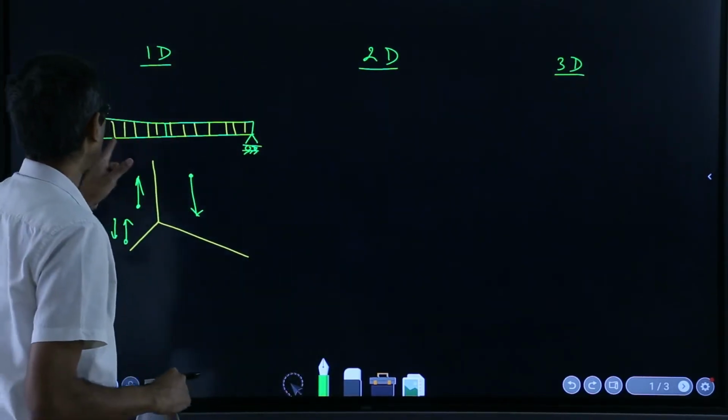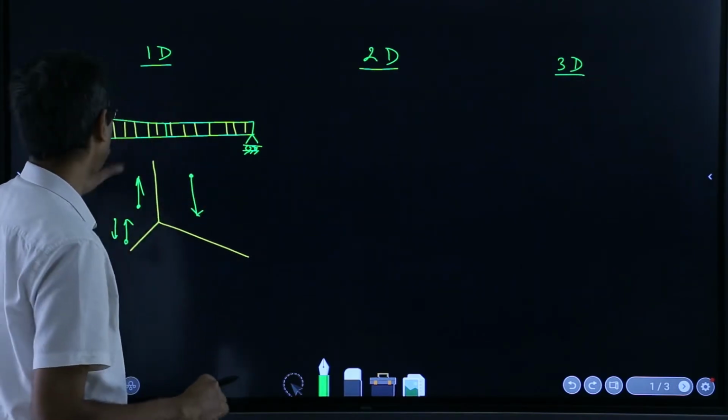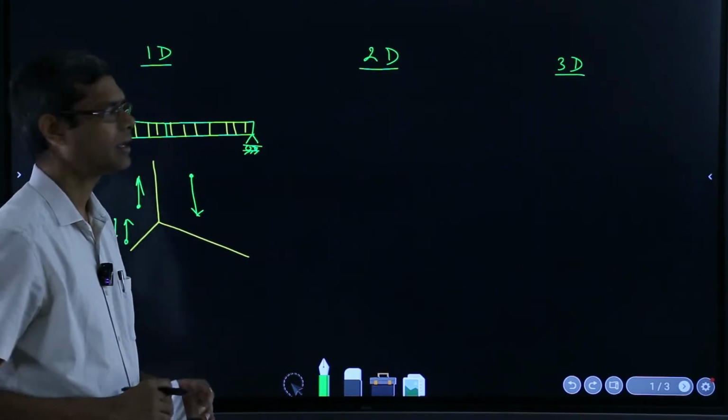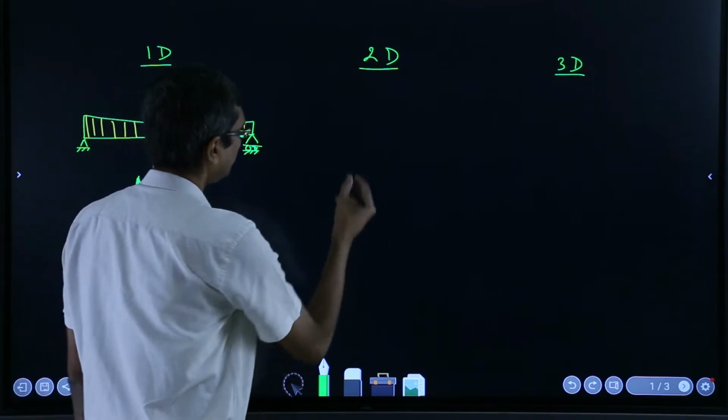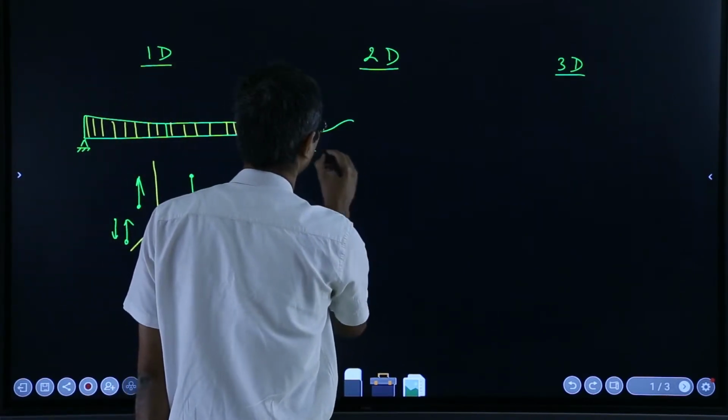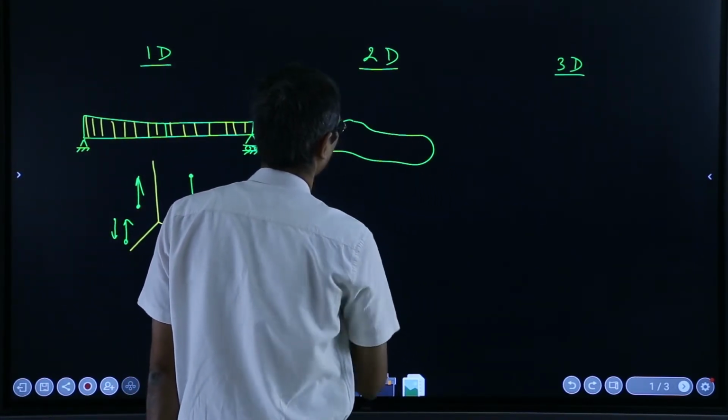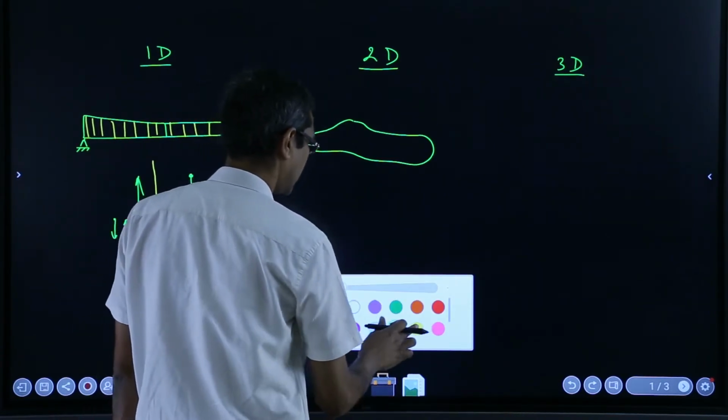But now at every point we have some force acting. If I go to 2D, maybe there is a surface like that.